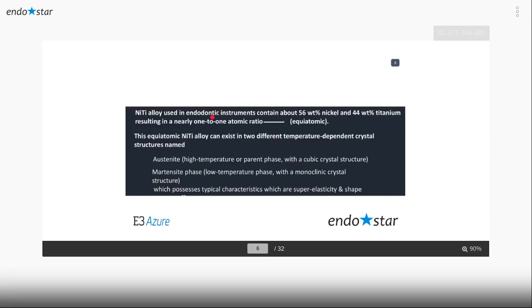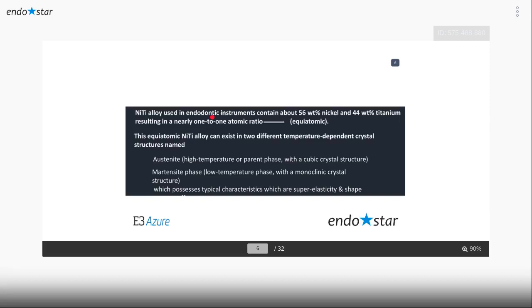But mainly in root canal files, they have this ratio. Sometimes they add additives, sometimes they change the percentage to have a slight change in the behavior of the wire itself.